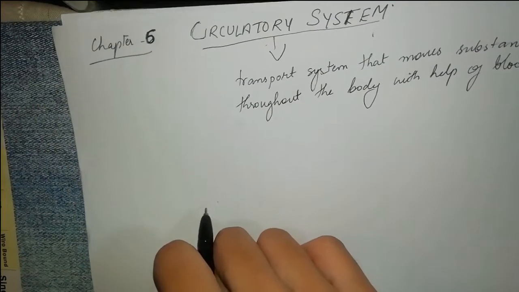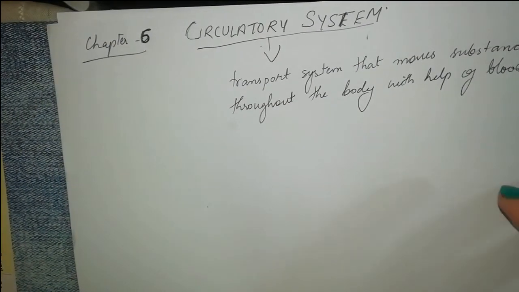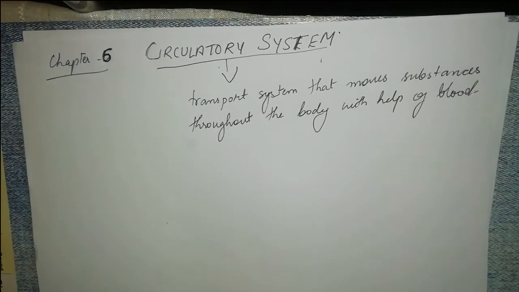I hope you're clear. So they are known as your transport system. How can they move these substances? They are able to move these substances only with the help of the blood.